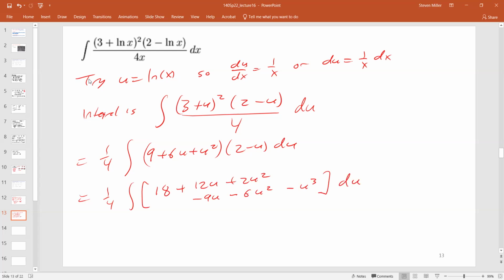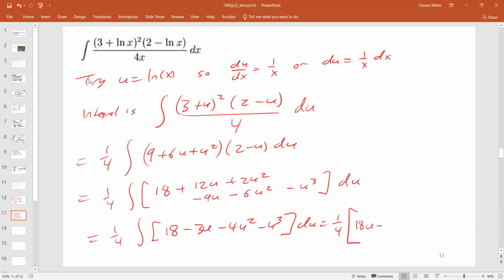And I wrote it like that just so that it's easy for me to quickly look and see how to combine terms. So then it's just 1/4 the integral of 18 minus 3u minus 4u squared minus u cubed du. So what is the antiderivative of 18? 18x, except we're not using the letter x, we're using 18u.